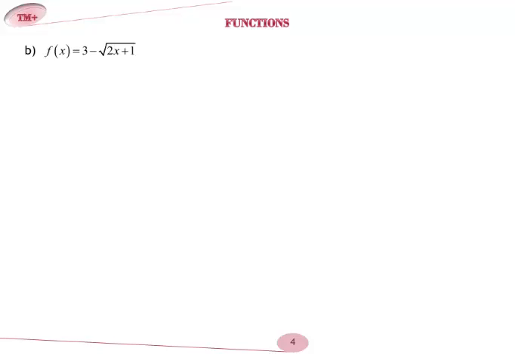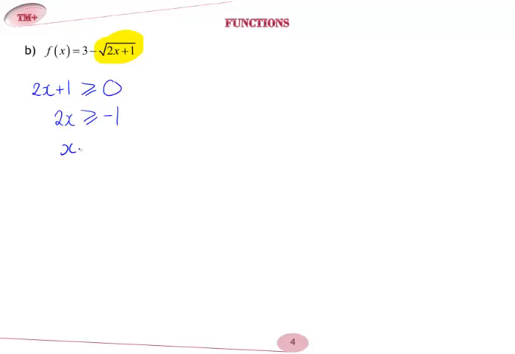Now let's look at this one. Again, it's a square root function. f of x equals 3 minus the square root of 2x plus 1. Again, the square root is what's determining our domain, because you know that 2x plus 1 has to always be greater than or equal to 0. Take 1 from both sides, 2x is greater than or equal to negative 1.